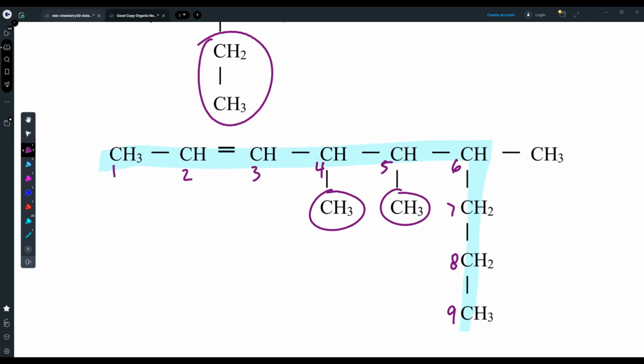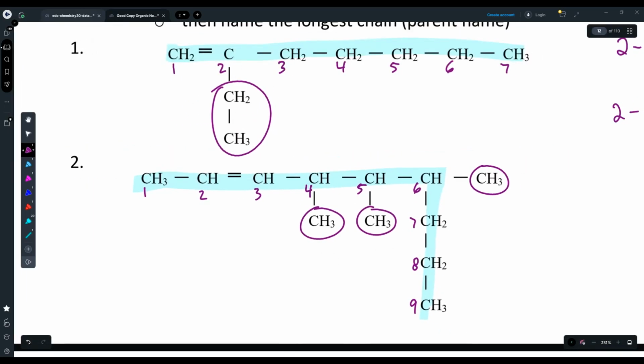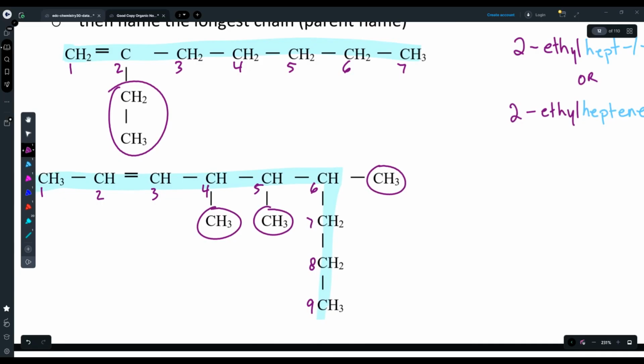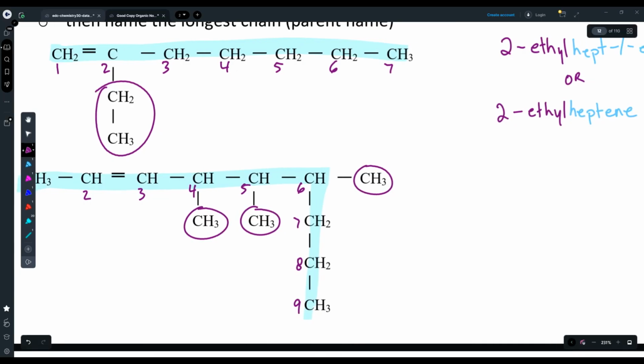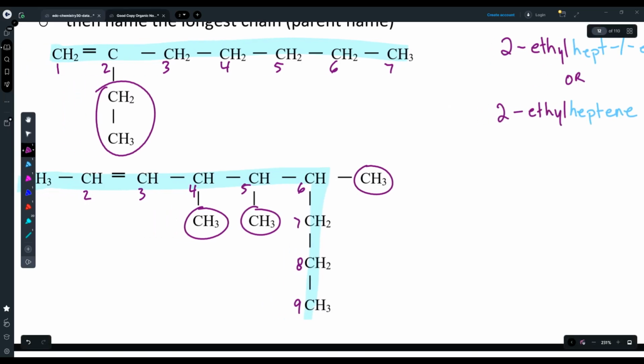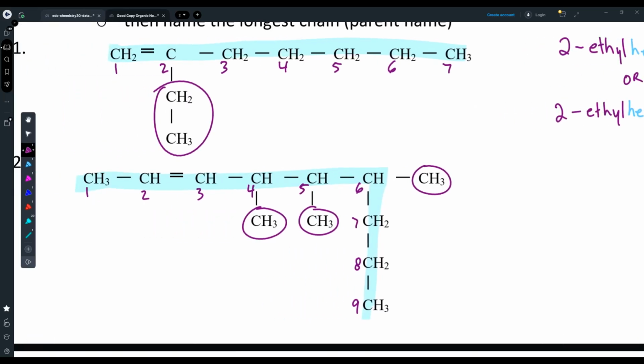Here are my branches. Keep in mind, I'm just circling the branches to make it easier to see for myself. All right. So, branches, we got to talk about that first. There are branches on carbons 4, 5, and 6. All of them have 1 carbon in it.